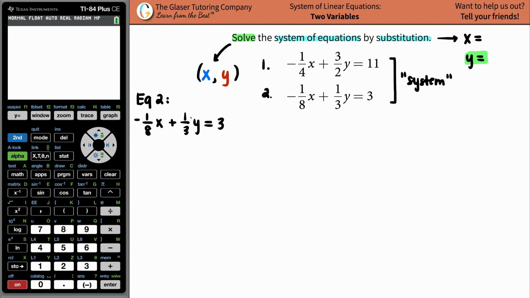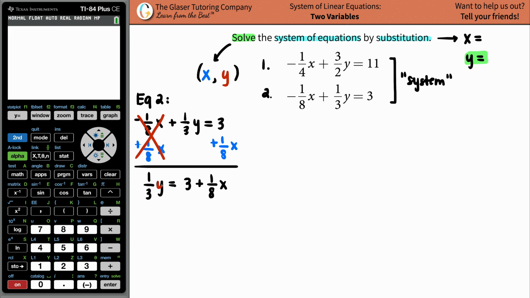Okay, so if we want to solve for the y, we got to shimmy the x on over. It's a negative 1/8, so I'm just going to have to add plus 1/8 x on both sides. That's going to get rid of this, say goodbye, and we'll put a line here, and now I got 1/3 y equals 3 plus 1/8 x.